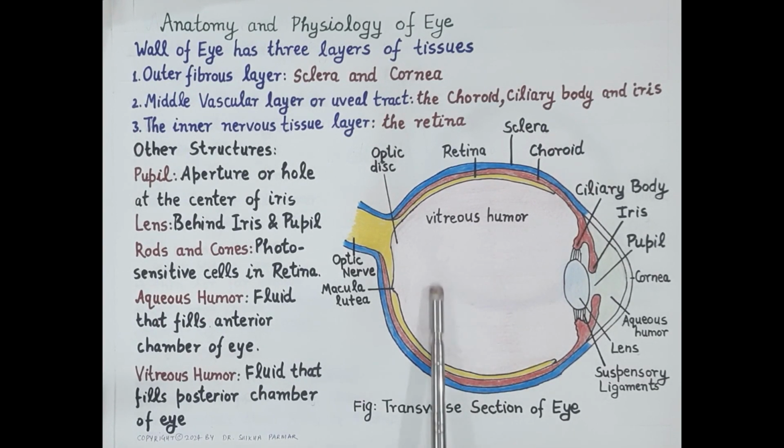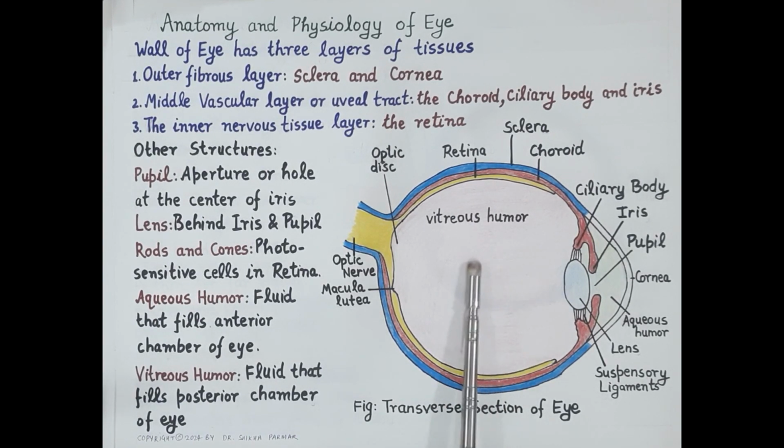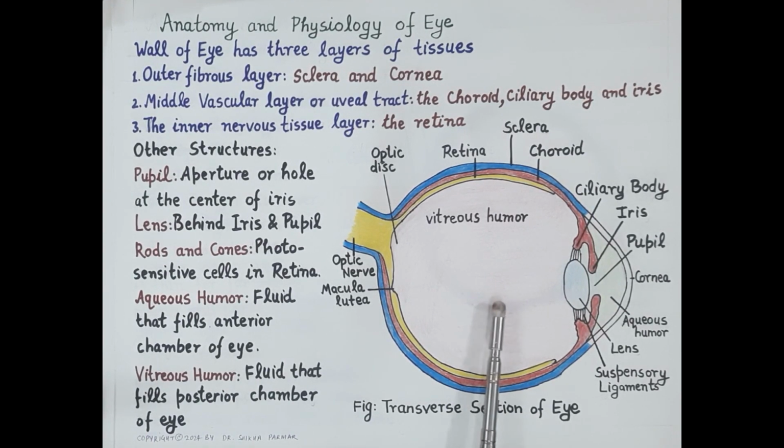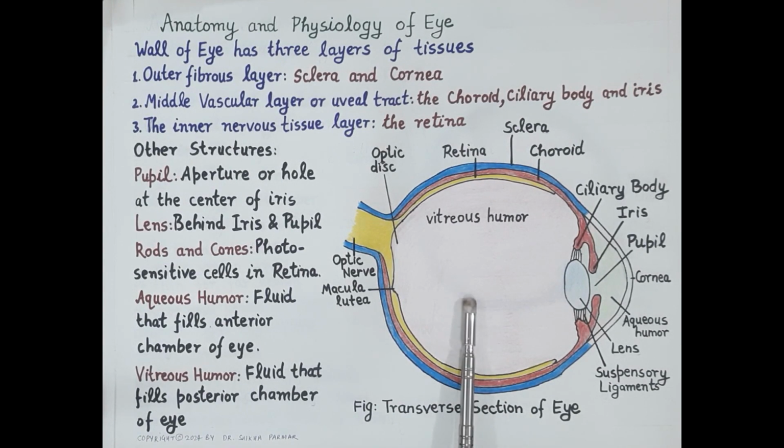This vitreous humor maintains the intraocular pressure of the eye, and this intraocular pressure prevents the wall of the eyeball from collapsing. So in the absence of this vitreous body, the eye will collapse. So this intraocular pressure is maintained by the vitreous body, and it prevents the wall of the eyeball from collapsing.